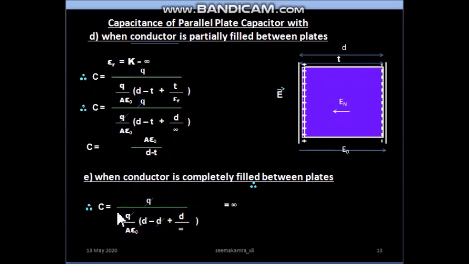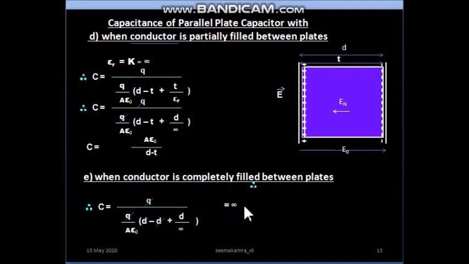We substitute these two in the formula of C. A epsilon 0 upon D minus T, we replace T by D, and D upon epsilon r, which is divided by infinity. Finally you can see D and D get cancelled, this becomes 0, Q and Q get cancelled, and the capacitance becomes infinite.